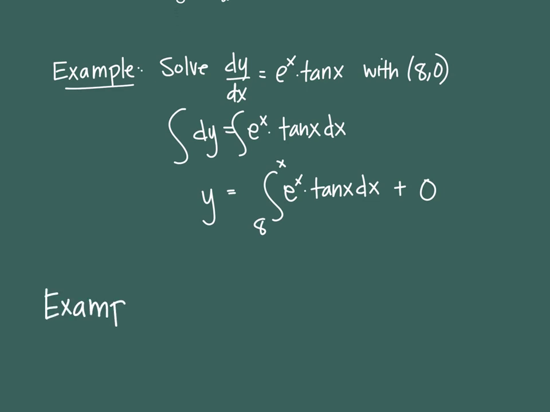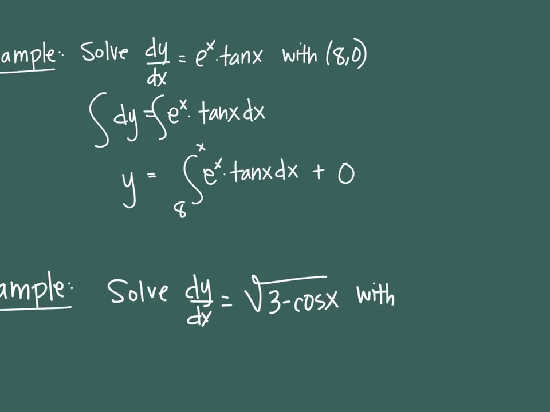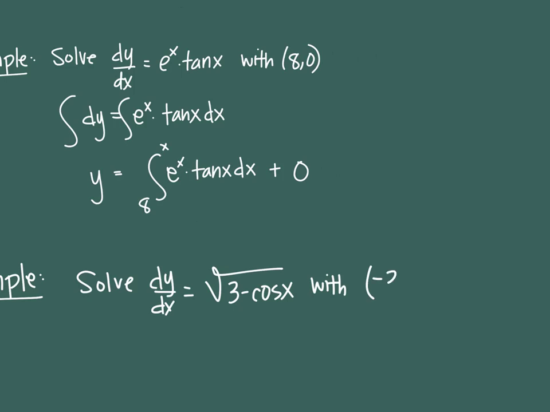All right, another one to set up. That one is considered solved because y is by itself, and you've used your initial condition. So another one might be to solve dy/dx equals the square root of the quantity 3 minus cos x, and the initial condition on that is (-3, 4).